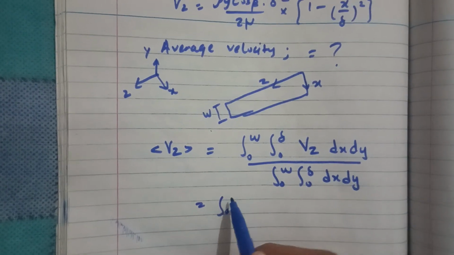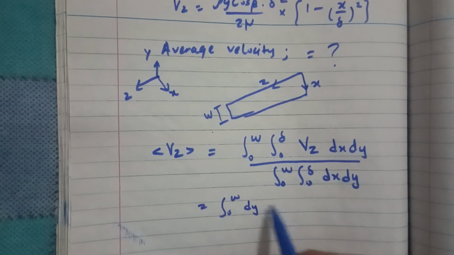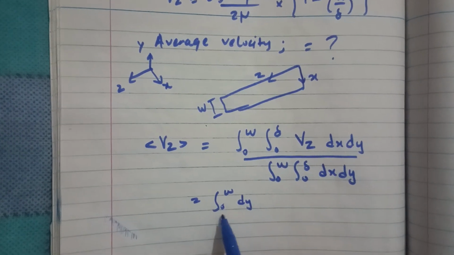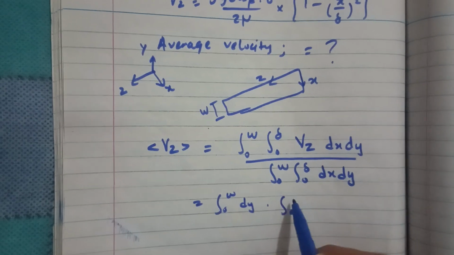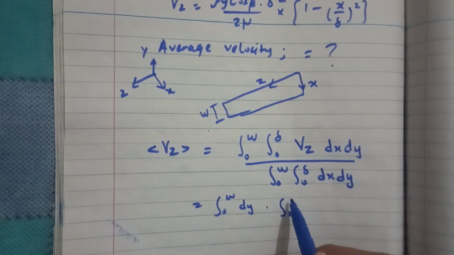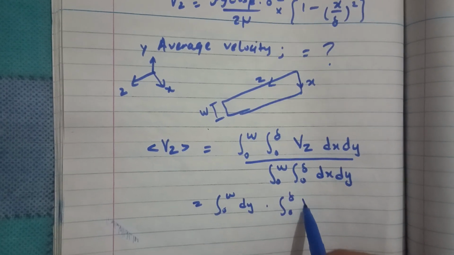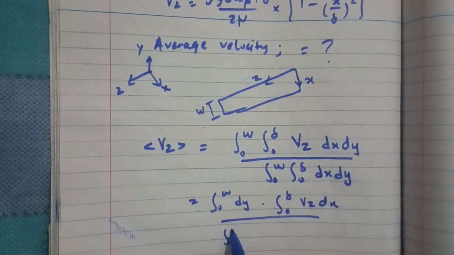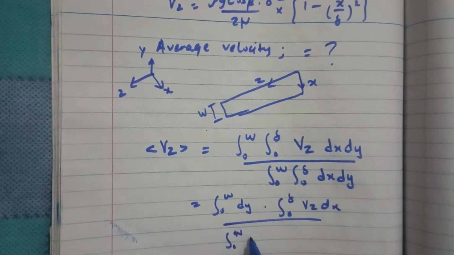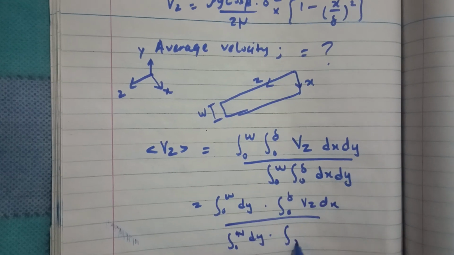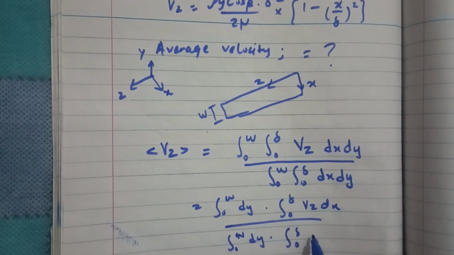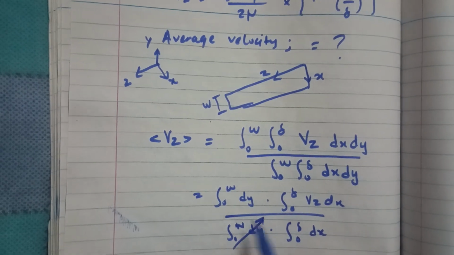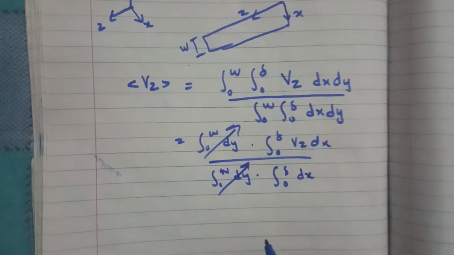So we take out the integral 0 to w dy and separate it from the integral with limits 0 to del of vz dx, over the integral 0 to w dy times the integral 0 to del dx. This is constant, therefore it will cancel out.